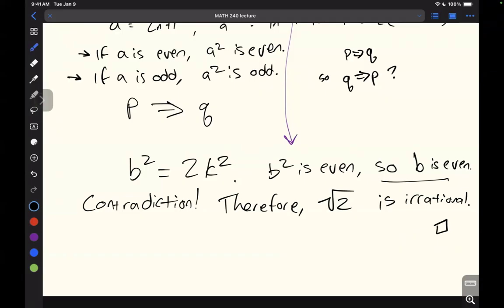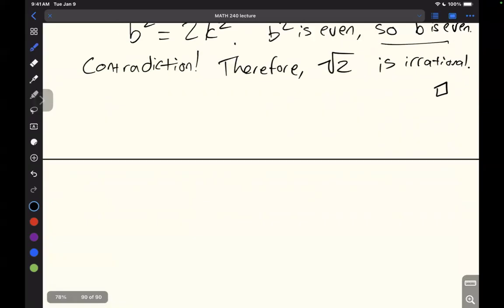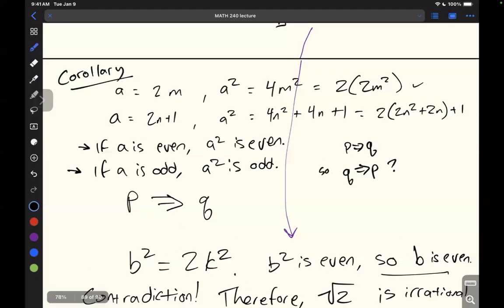All right, so that's the proof. If I see you on the street in 20 years, I want you to be able to prove this. Any questions? Okay, so that's proof by contradiction.